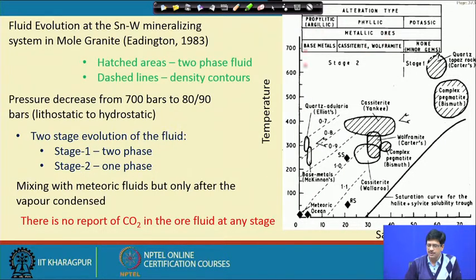Now, the interesting situation here is that in this particular deposit, there is no report of occurrence of any carbon dioxide rich inclusions. It has always been an aqueous fluid.